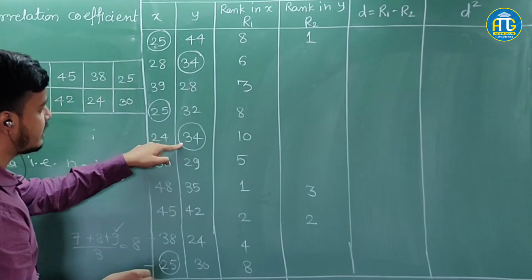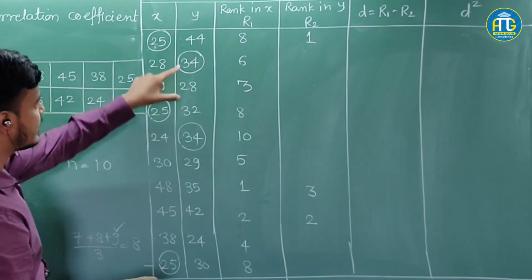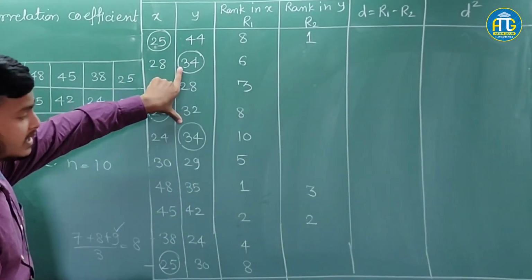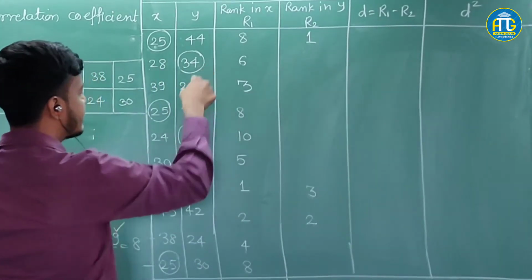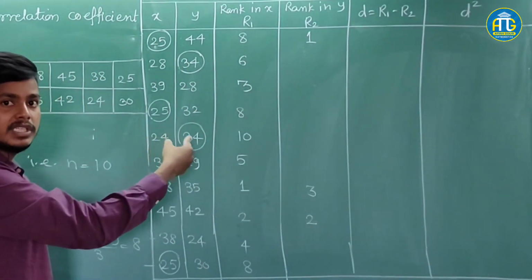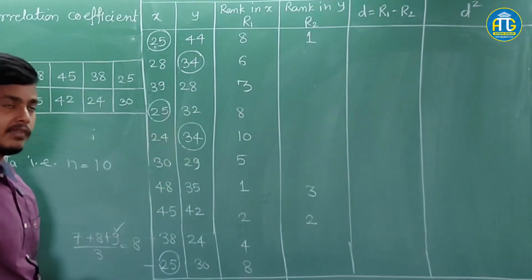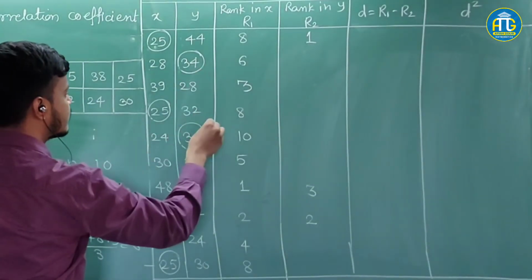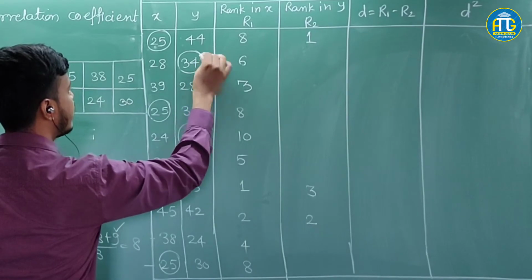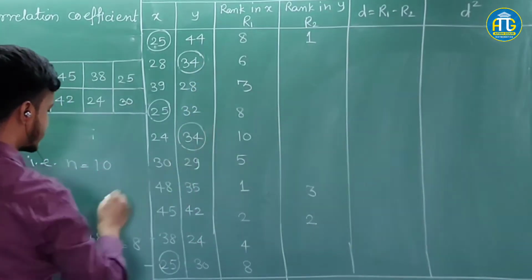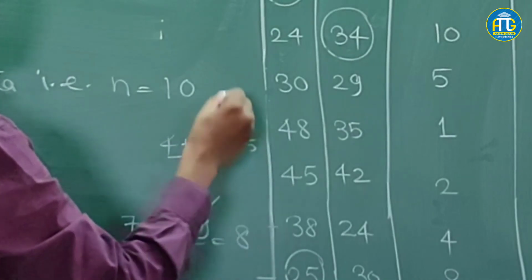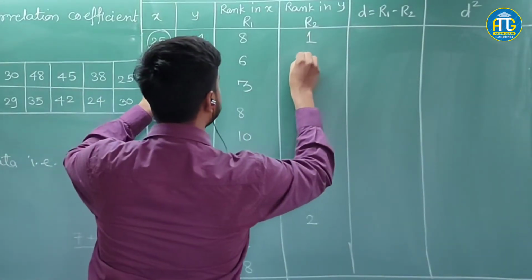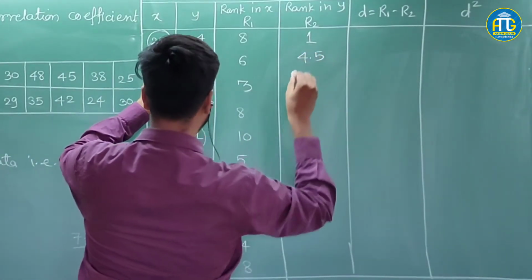And then we have 34, which is repeated 2 times, so both are at rank 4. But as this is repeated, I have to assign the average value. So 34, 34: this is 4, this is 5. The average value is 4 plus 5 by 2, that is 4.5. So these 34s will get rank 4.5.